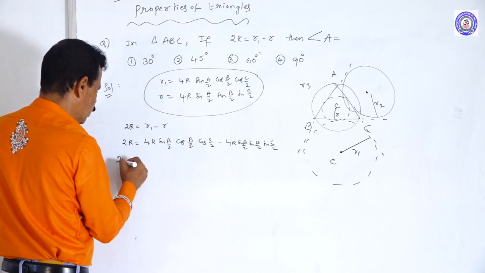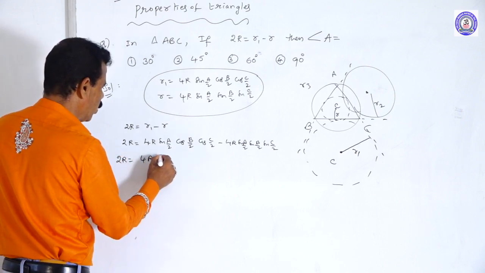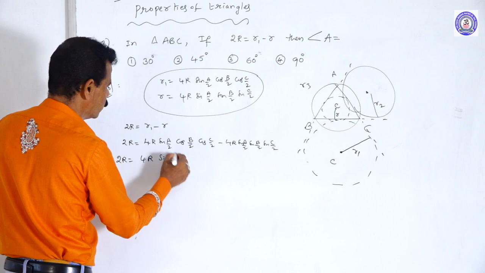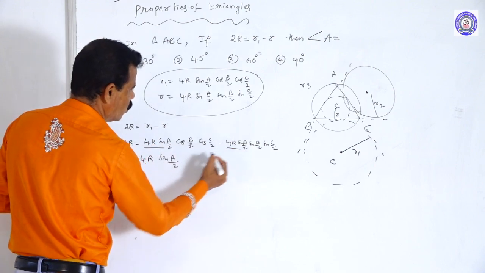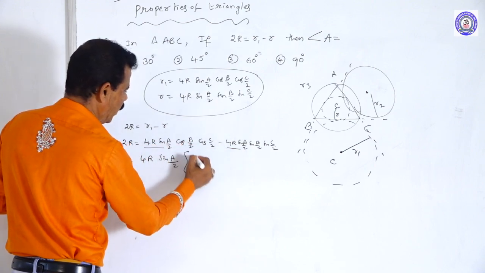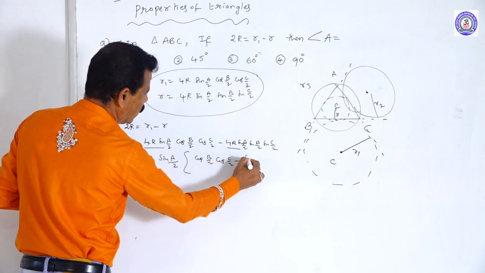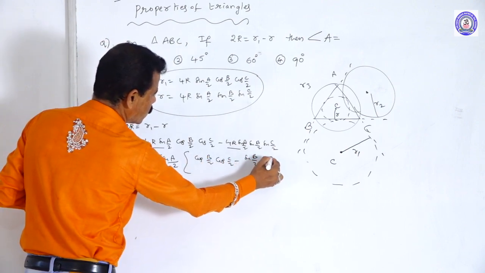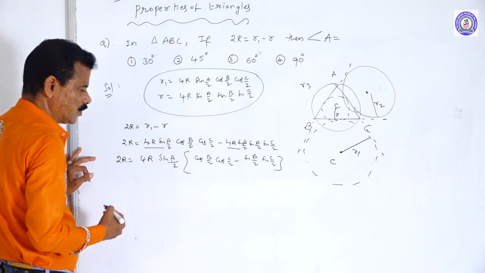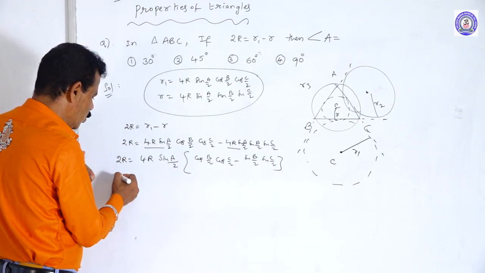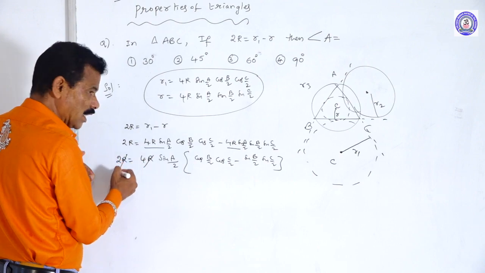In this, 4R sin A by 2 is common. Remaining: cos B by 2 cos C by 2 minus sin B by 2 sin C by 2. After this, R is cancelled.